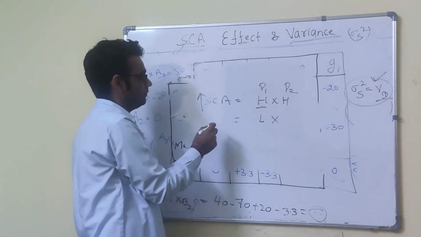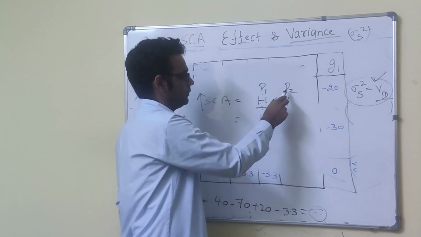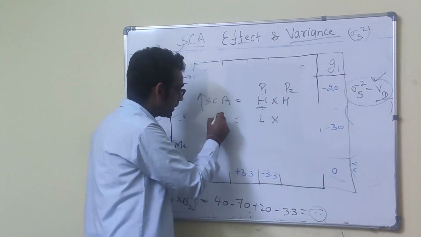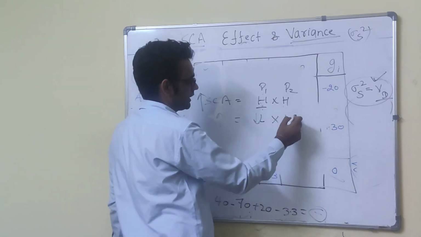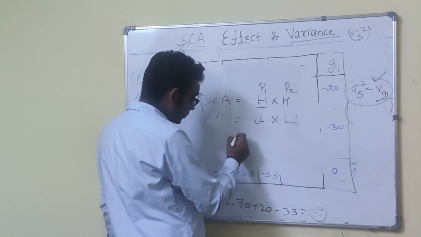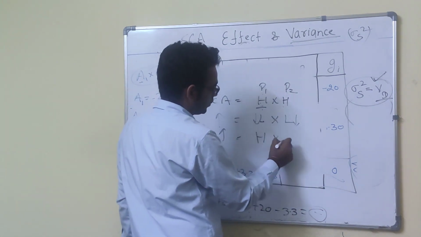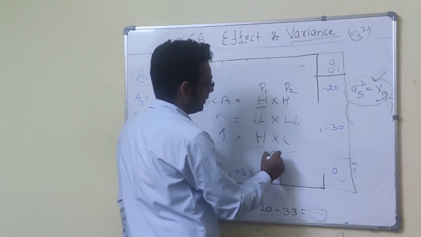You will get high SCA when you use parents that show high GCA, and you can also get this SCA when you use a parent which shows low GCA and a second parent which shows low GCA. You can get high SCA also when you use high into low, mid high GCA parent, low GCA parent, even medium into medium.